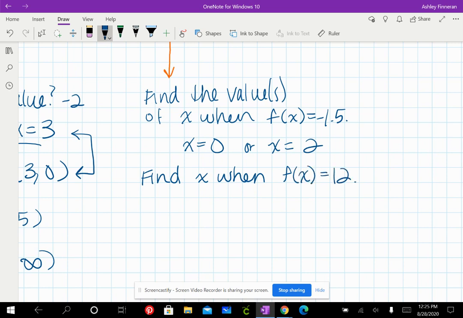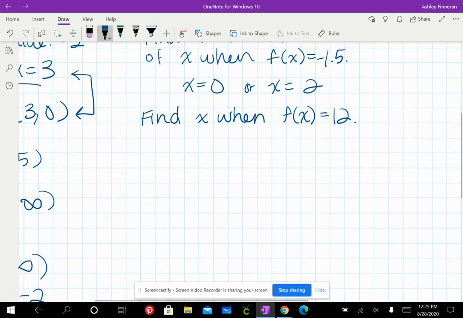So in this case, we don't have those points graphed on our function. We don't have a nice way to solve. So I actually have to solve. So my function f of x is 1/2 times x minus 1 quantity squared minus 2, and I'm going to set that equal to 12. And then I'm going to solve. First, I'm going to add 2.